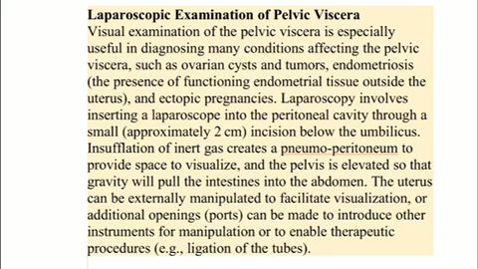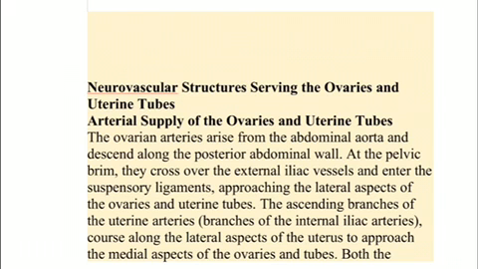Arterial supply of the ovaries and uterine tubes is via ovarian arteries that arise from the abdominal aorta and descend along the posterior abdominal wall. At the pelvic brim, these arteries cross over the external iliac arteries and veins and enter the suspensory ligaments. And as they do so, they approach the lateral aspects of the ovaries and uterine tubes.